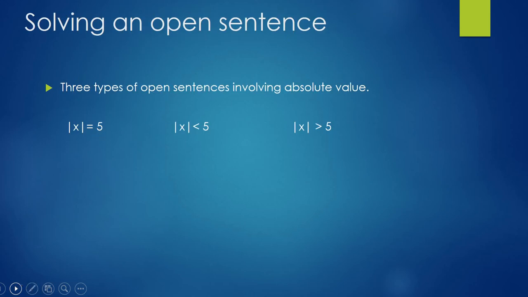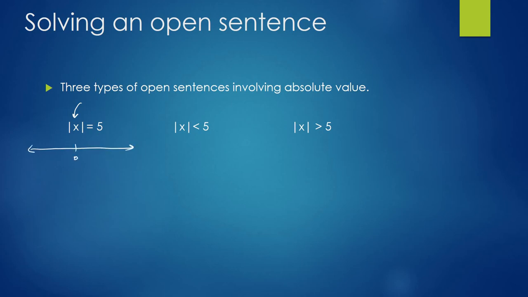All right, so open sentences. There are 3 types of open sentences: equal to, less than, or greater than. In this case, I'm looking for what possible values are 5 units from the origin. Well, let's draw a number line.